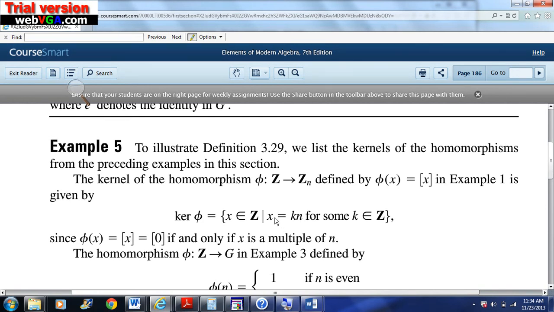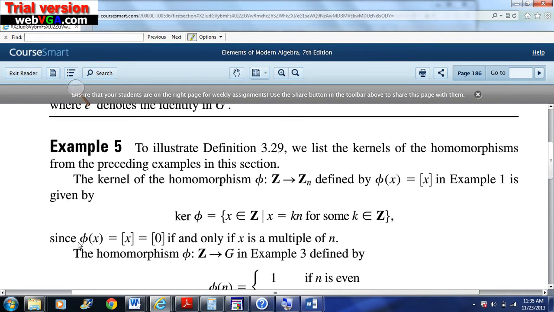So you can have negative numbers as well as positive numbers for k. And that would give you 0, or the identity, as far as this definition is concerned, the kernel.